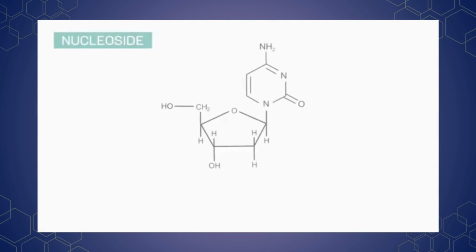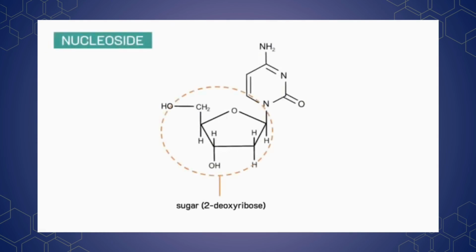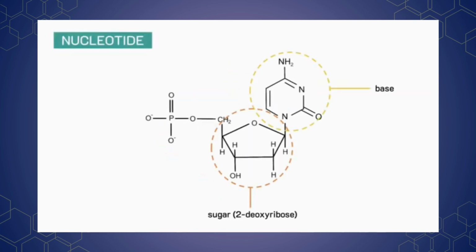Before we end, here's a quick recap. A nucleoside is a molecule that contains a sugar, in this case 2-deoxyribose, and a nitrogenous base. A nucleotide contains a sugar and a base as well, but it also contains a phosphate group, which can form a bond with a sugar of another nucleotide.